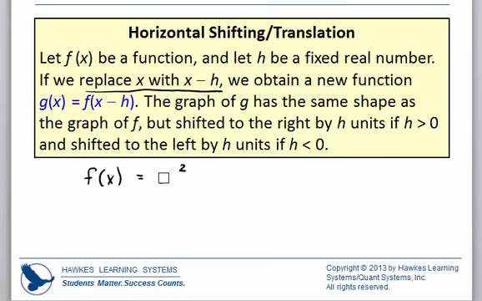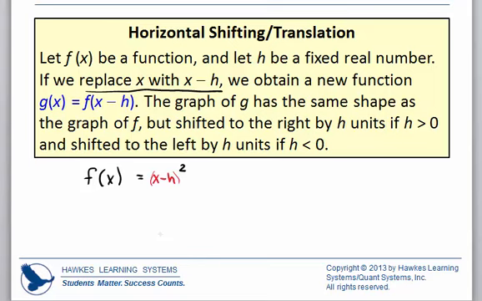So if I erase the x, and in its place I put x minus h, now this entire quantity would be raised to the second power, so I am going to put it in a set of parentheses.